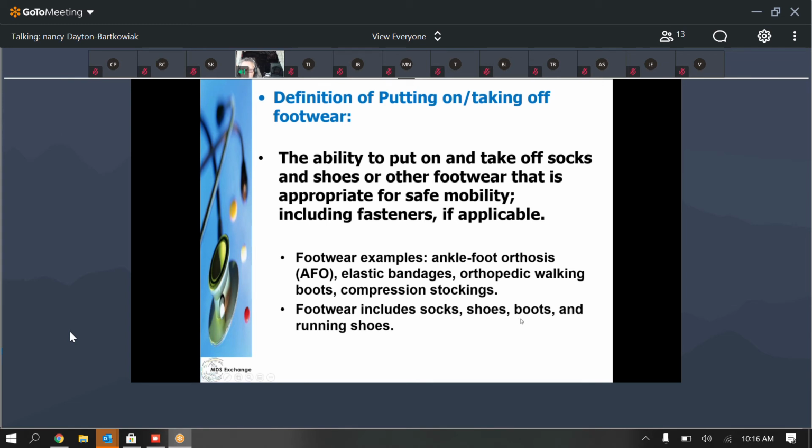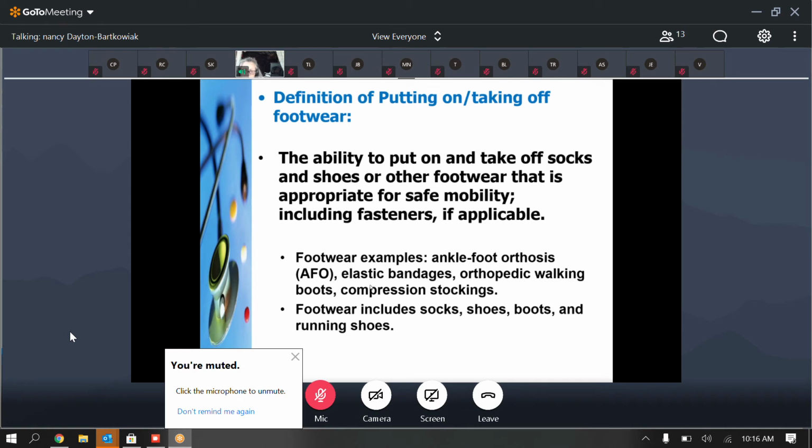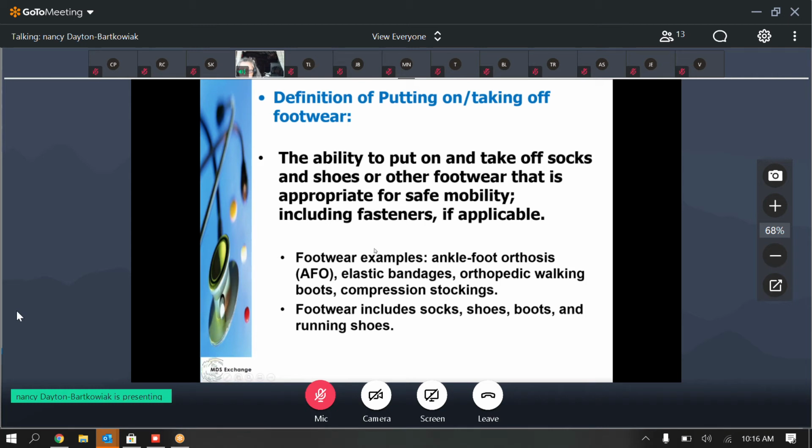Footwear includes socks, shoes, boots, and running shoes. So compression stockings, Ted hose, we all know how difficult those are to put on. So remember that when coding footwear, if your resident is not able to put on those Ted hose, and you have to do it, then you will code accordingly to that.